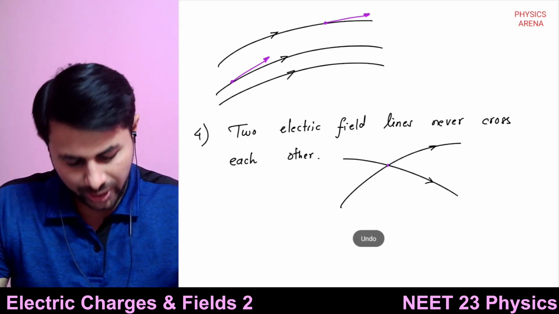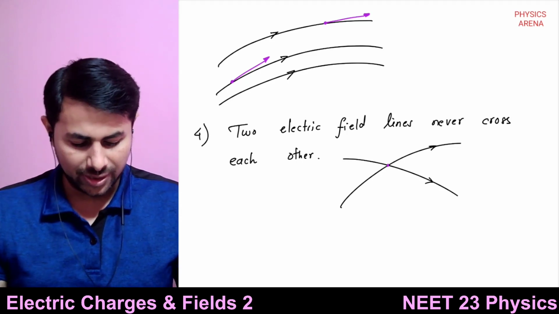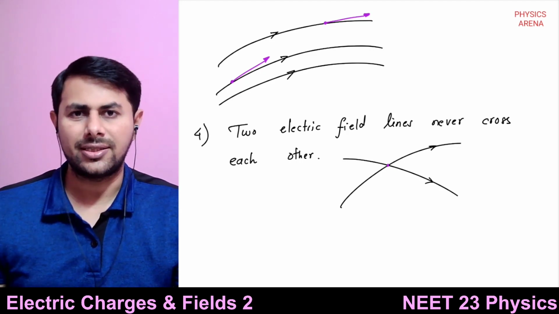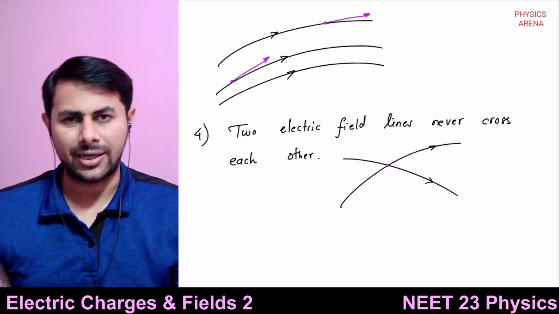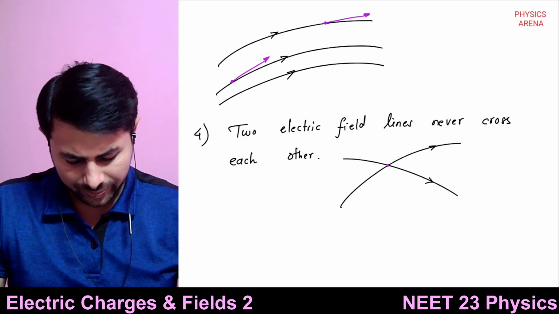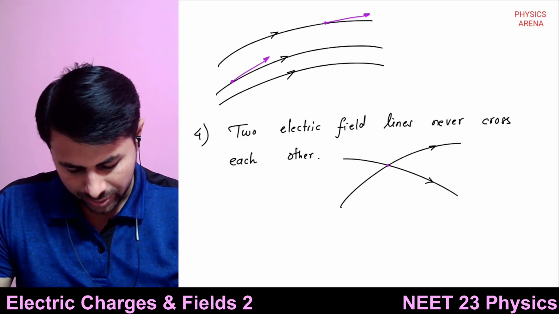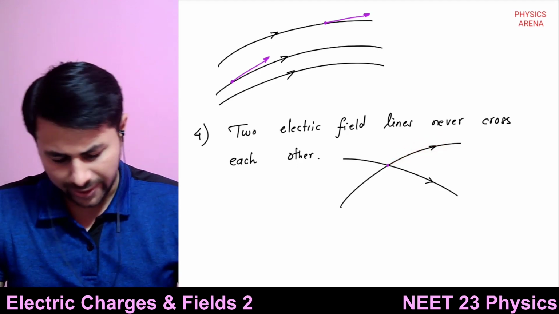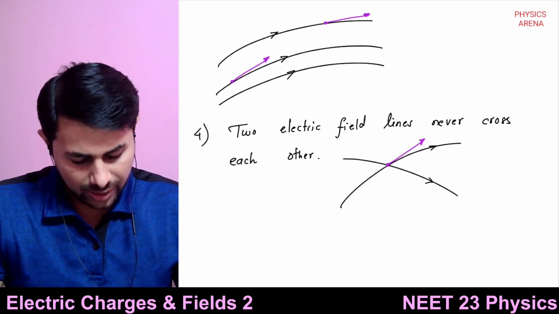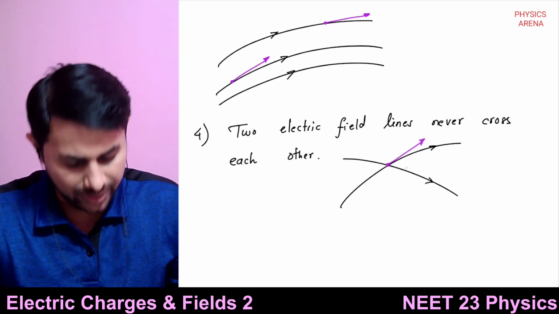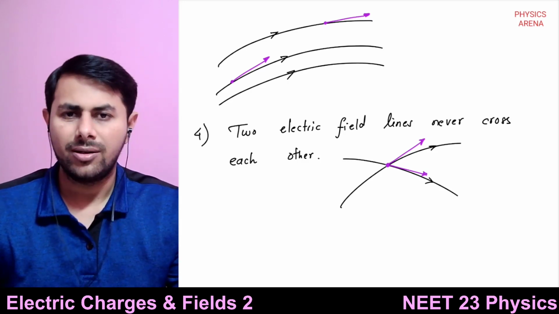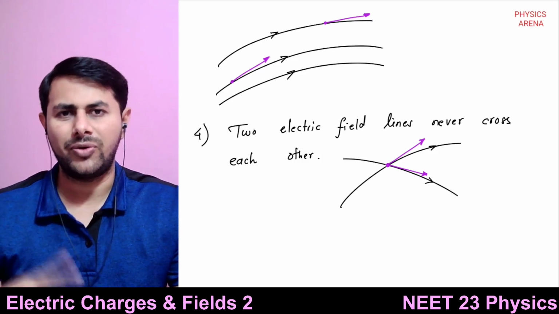At the point of crossing, property number 3 says that a tangent drawn to an electric field line at any point gives the direction of electric field at that point. Now if you draw a tangent to this electric field line, it will say that the electric field at this point is directed like this. And if you draw a tangent to the other electric field line, it will say that the electric field is directed like this.